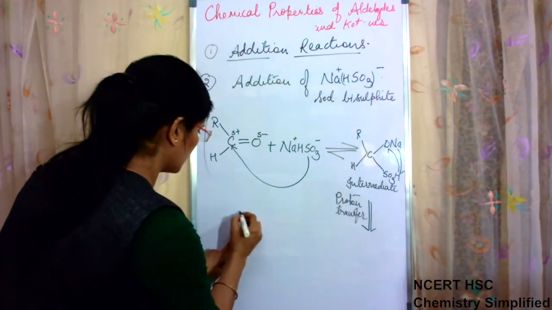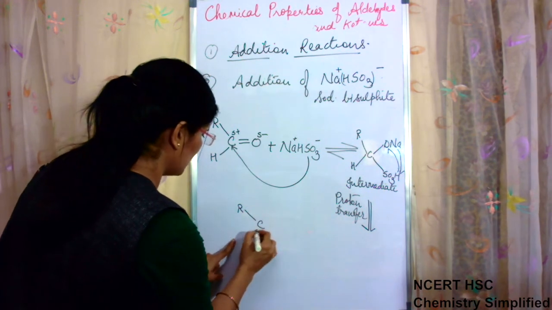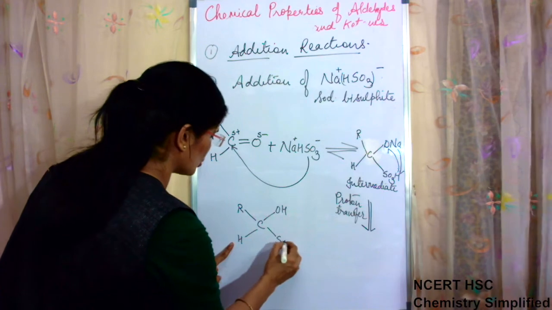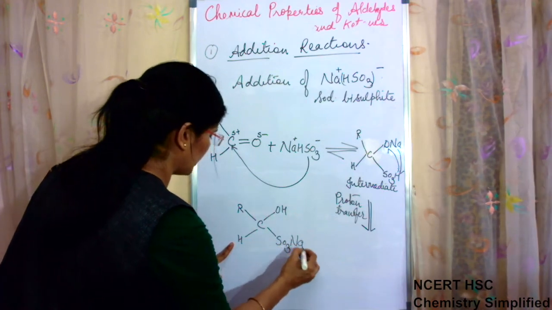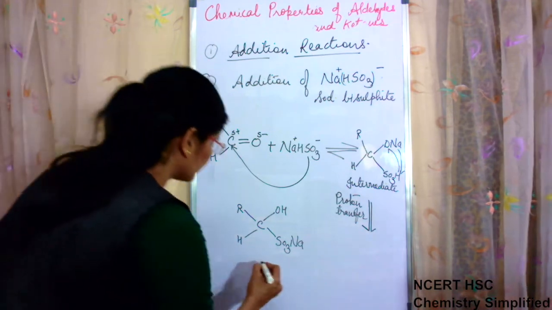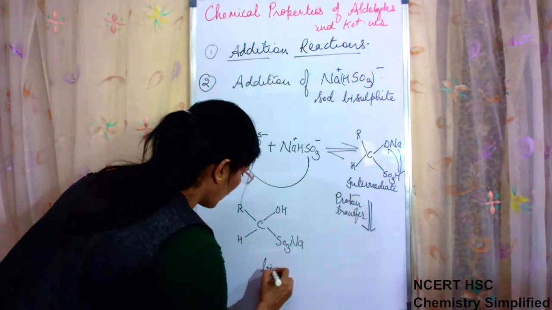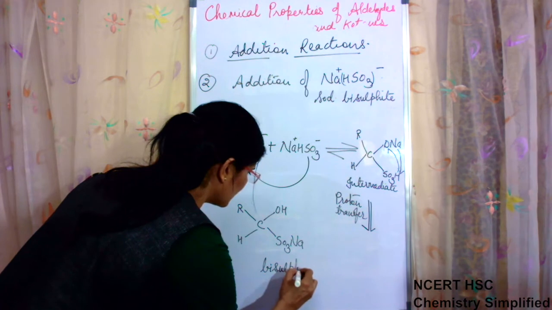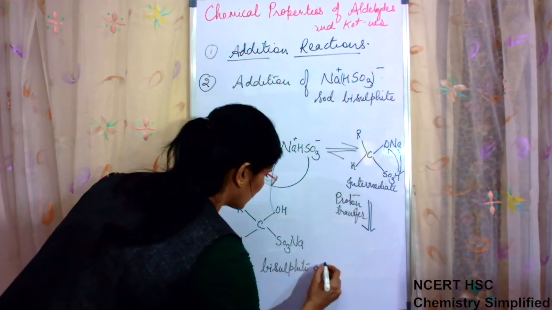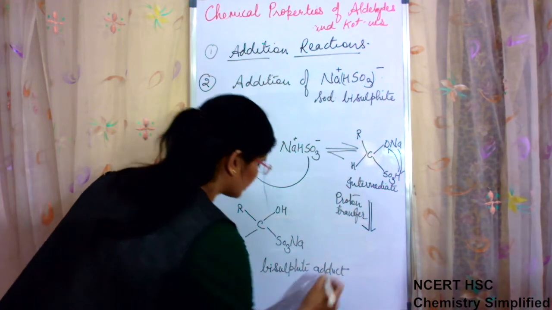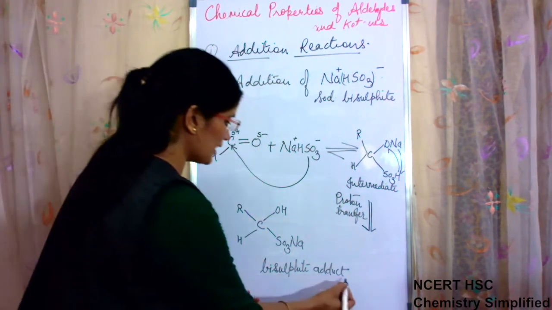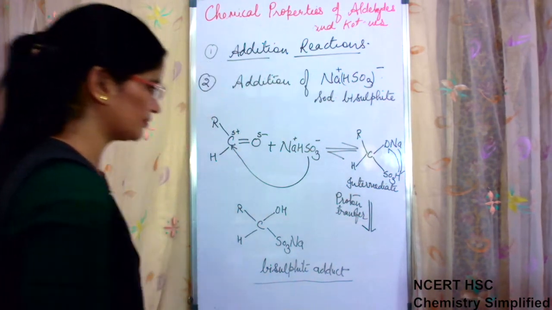So the next is R, C, H, OH and SO3Na. This is again an addition product, the bisulfite adduct. Addition products are also known as adducts. So this is the bisulfite adduct formed.